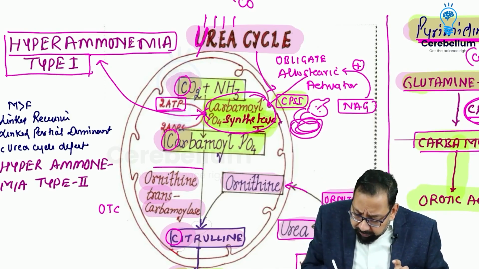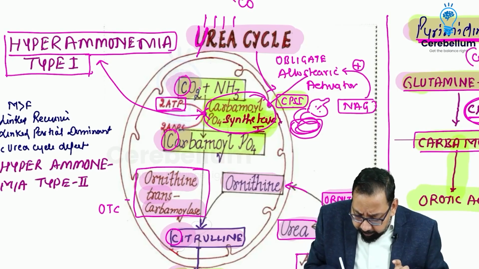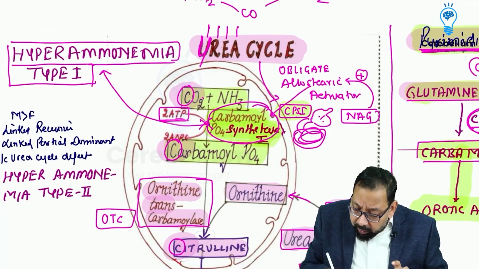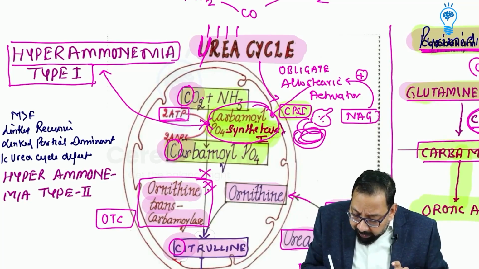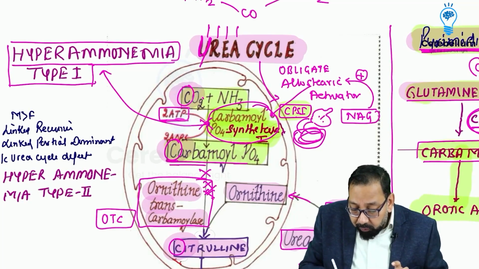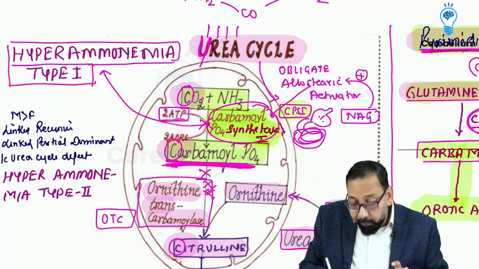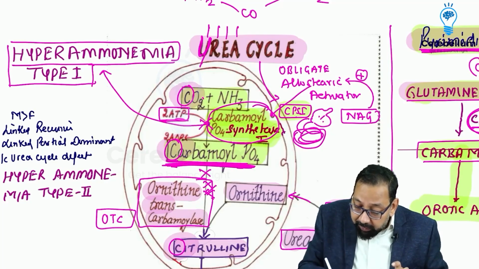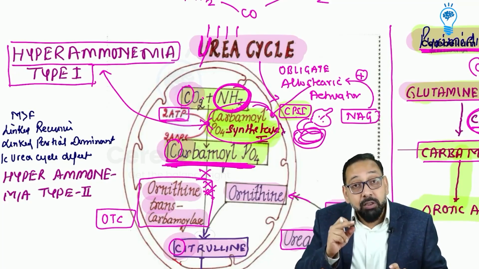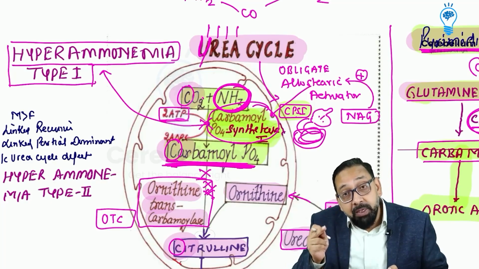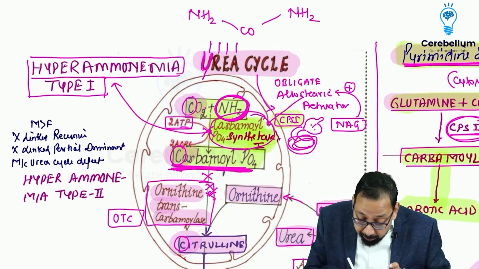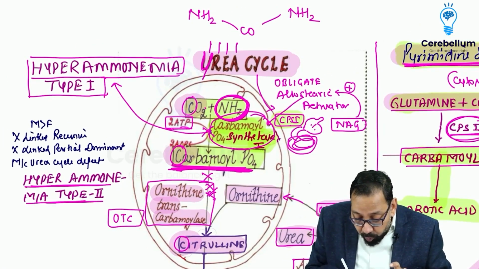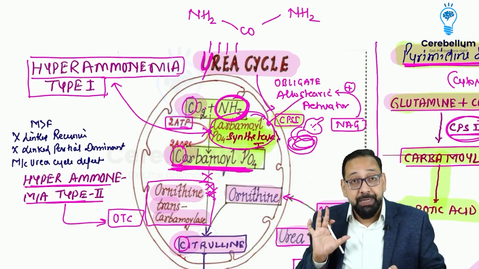If OTC is deficient, then carbamoyl phosphate will not be metabolized. So carbamoyl phosphate will increase and ammonia will increase. When ammonia increases, that is called hyperammonemia type 2. So in hyperammonemia type 2, OTC is deficient.